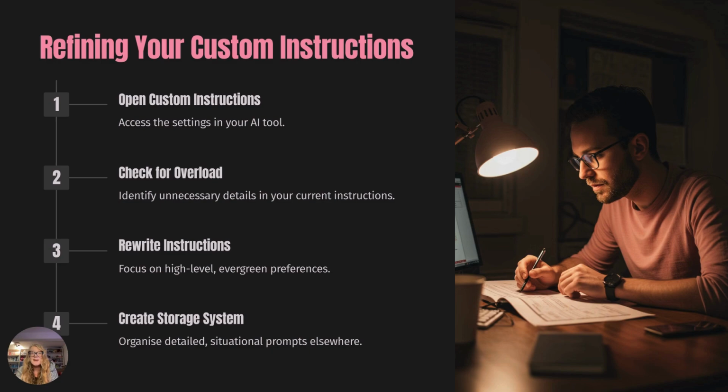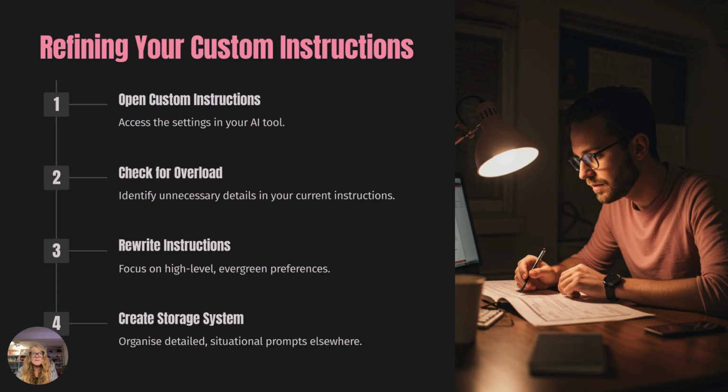So, let's think about putting this into action. I suggest that you open up your custom instructions in whichever tool you use, ChatGPT or Claude. Step 2, have a look at what you've written. Have you overloaded it with too many details? Does every single instruction really apply to every future conversation you'll have with AI? Step 3, simplify.